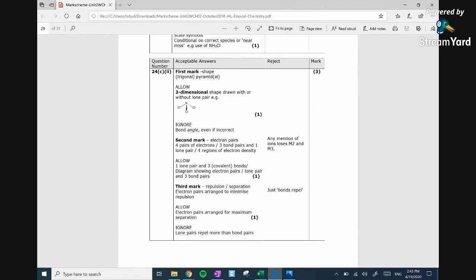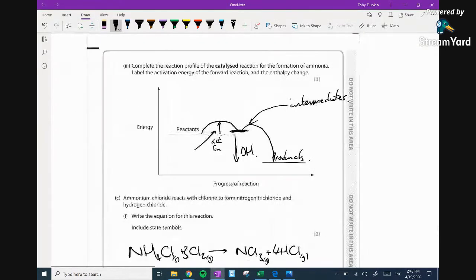Electron pair arrangement for maximum separation. Ignore lone pairs repel more than bonding pairs. Oh no! Oh, I lost it. 3 bonding, 1 lone. Well, we definitely would have got that one anyway. And then the 3rd mark is repulsion. So I need to be saying repulsion, electrons arranged to minimize repulsion. That is something I want to be saying.